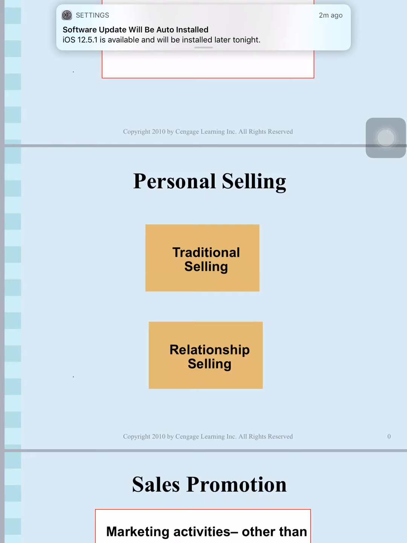It's an effective way where the company looks for a long-term relationship. They think that by doing personal selling they can build a long-term relationship between the buyer and the seller.